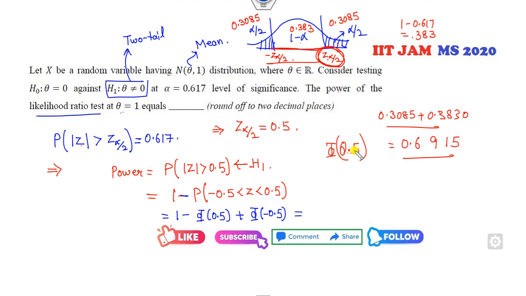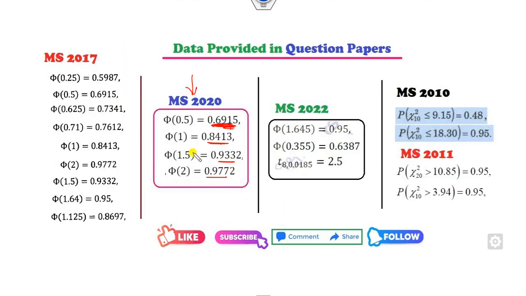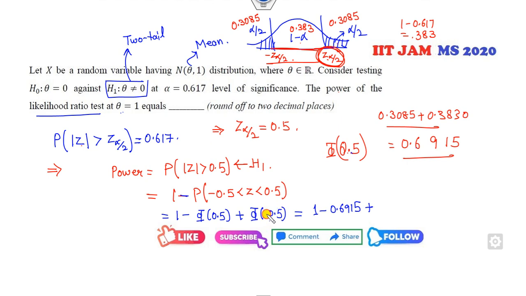Now look at that. CDF of 0.5 is already given to you, 0.6915, plus, can you find it, is it given that CDF of minus 0.5? No. So we all know how you can find the CDF of minus 0.5. That will be 1 minus CDF of this. Fine. So after the calculation you will get this as the right answer.